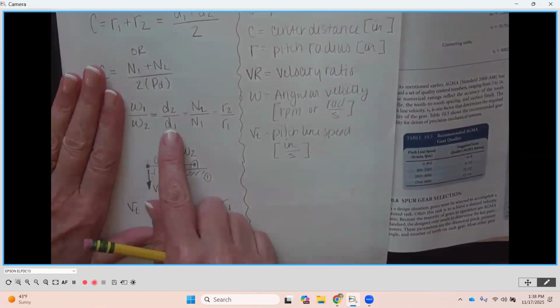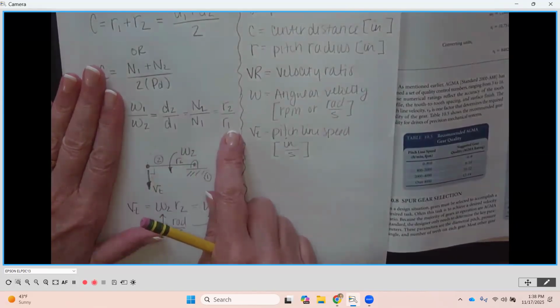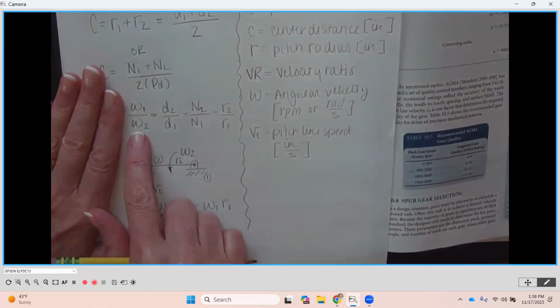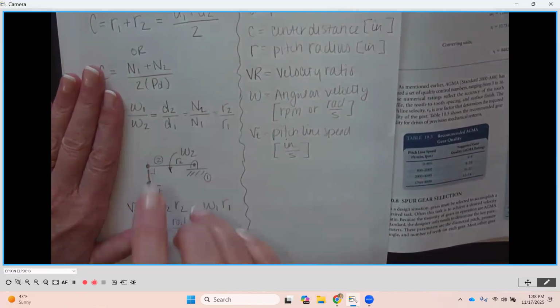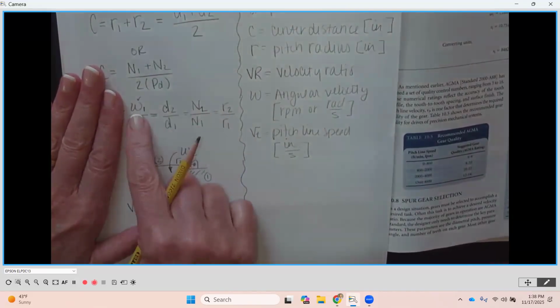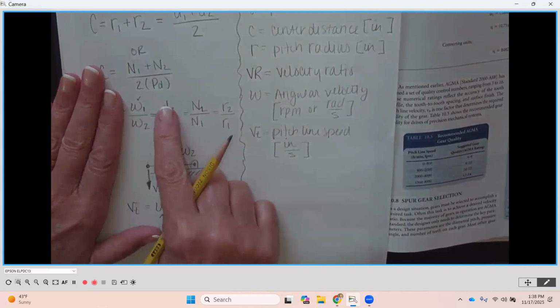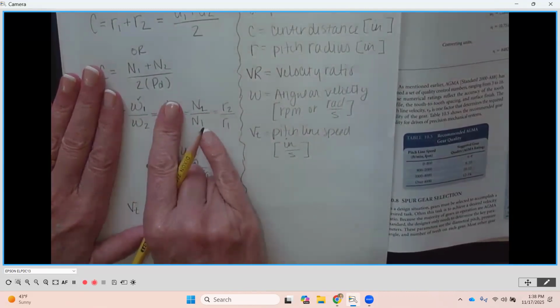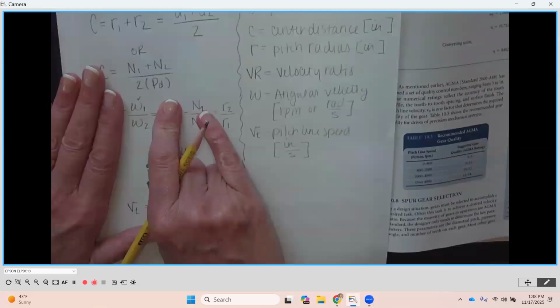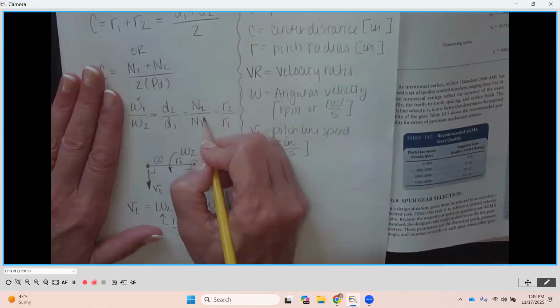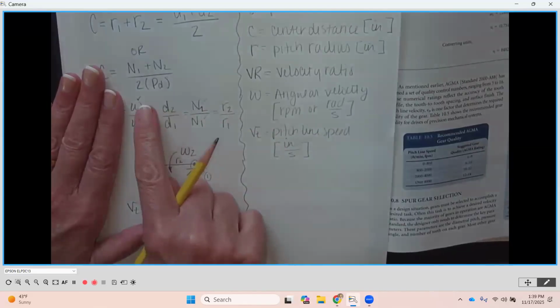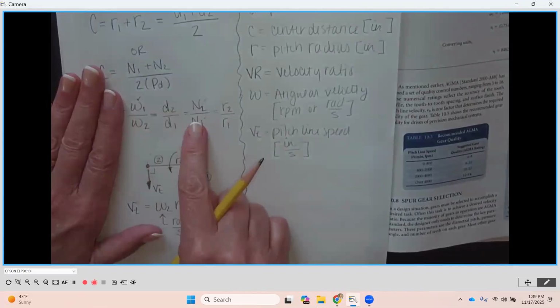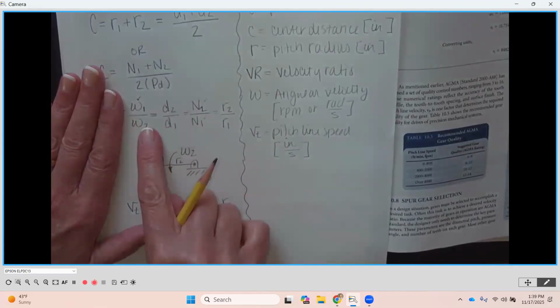All of these quantities are equal to each other. We know W1, so I'm going to put a little check mark by W1. If we set that equal to, not the diameter, but instead the number of teeth, we know N2 and N1. So I can set these two equal to each other and solve for W2.